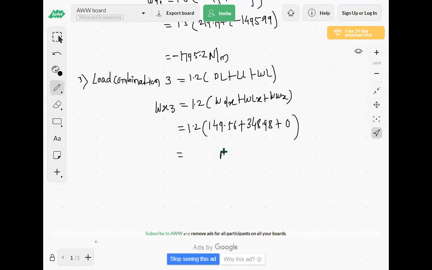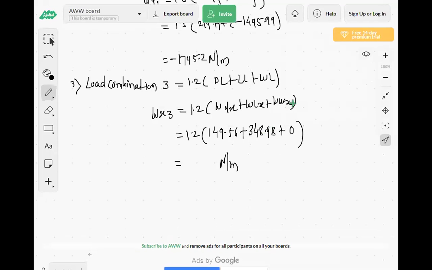So now tell me the x direction load due to the third load combination. 598.24. Sadiq, is this 595 or 598?